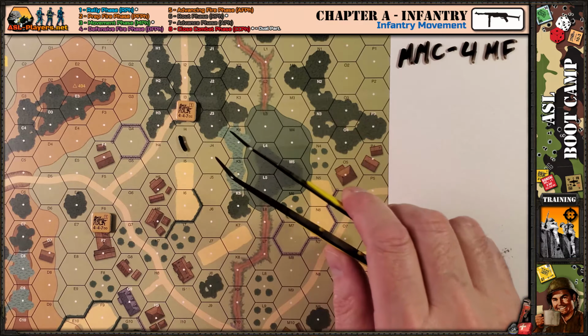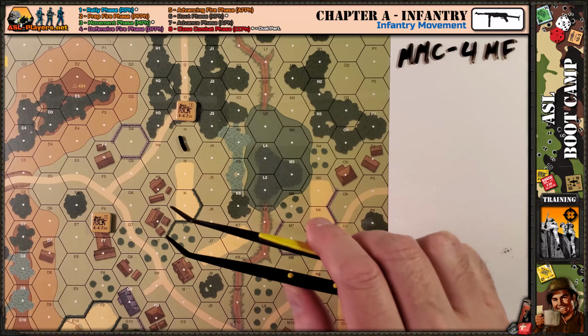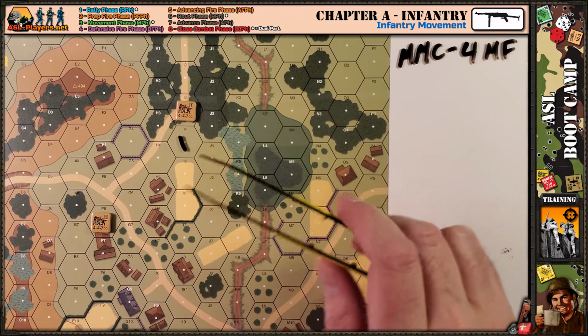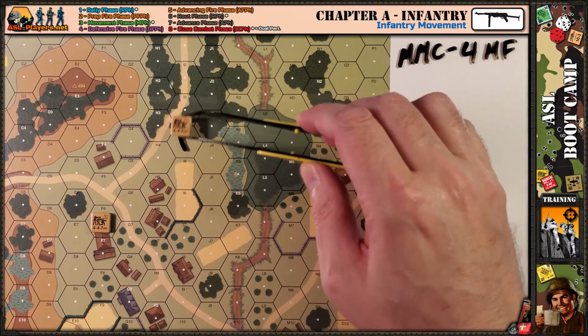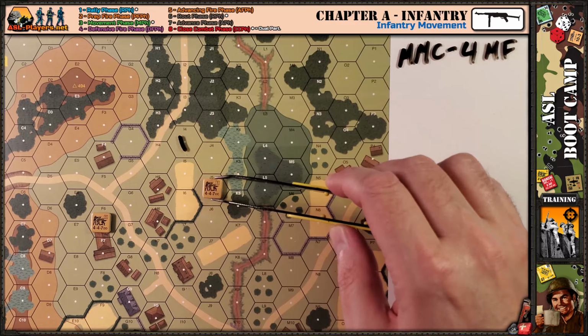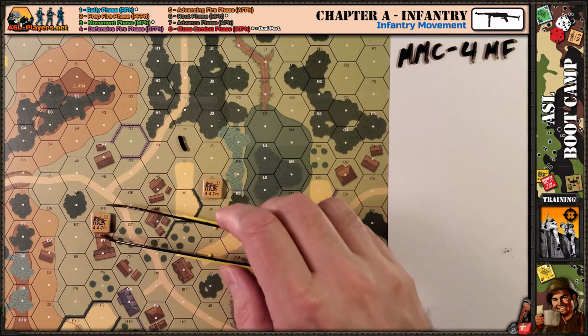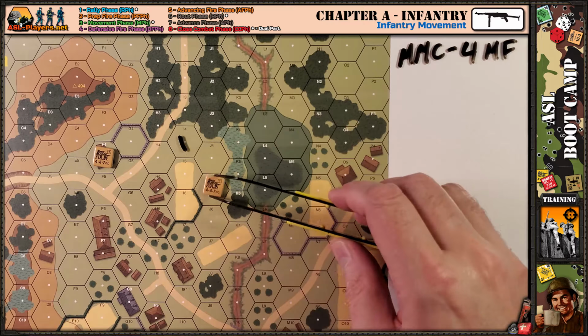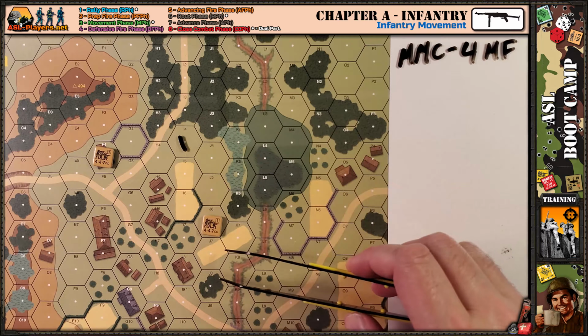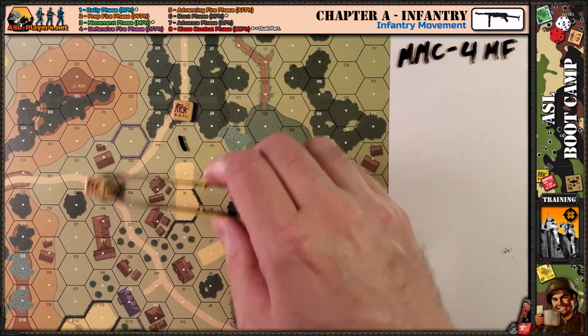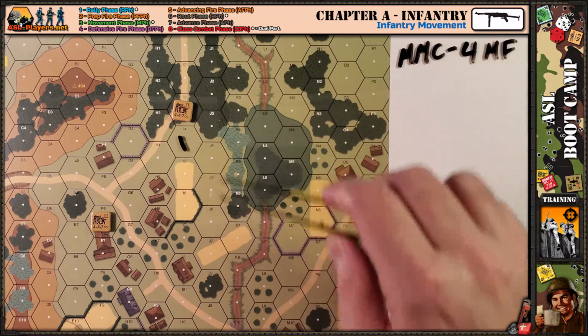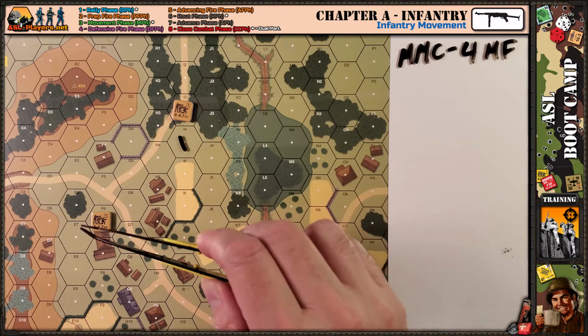Now, infantry units, well, all units in Advanced Squad Leader have to take turns moving. So in other words, I couldn't move this guy and expend 3 movement factors, and then move this guy, expend 3, and then come back and move this one more for 4. A unit has to start its move, make its movement, and complete its movement before another unit can start.